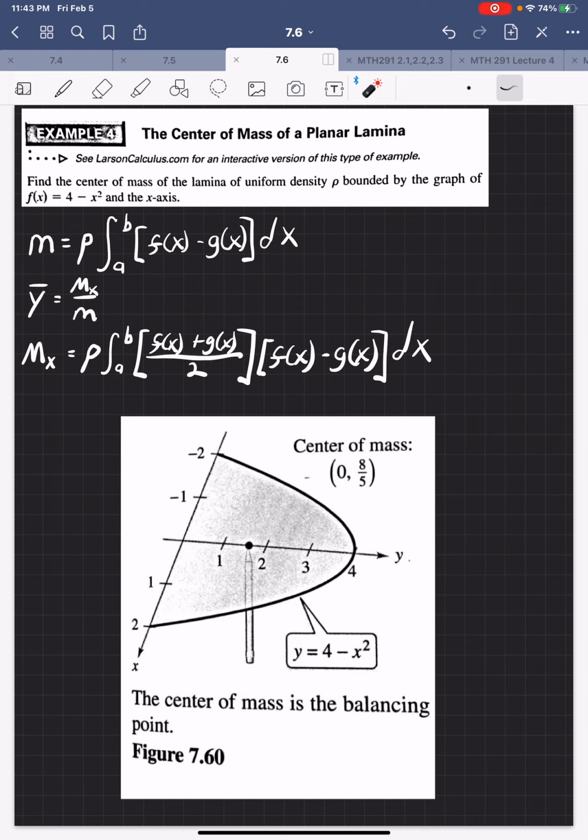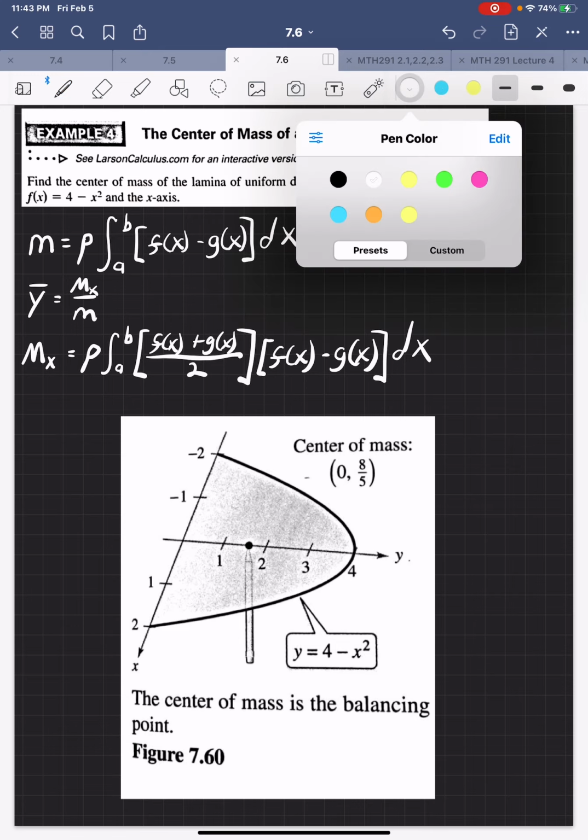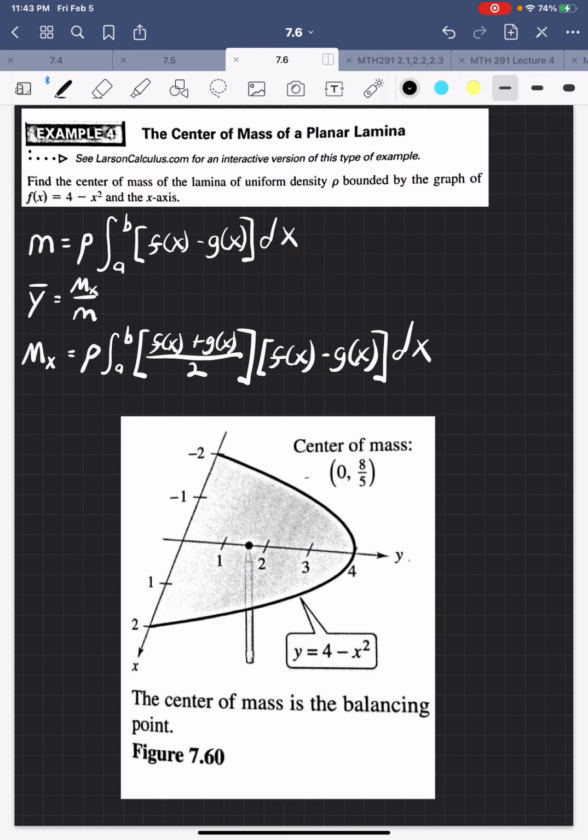So what is our job? Our job is to find the center of mass of the following lamina of uniform density, rho, bounded by the graph of 4 minus x squared and bounded by the x-axis. So here's your x-axis, right? So you're bounded here. Does not go past the x-axis.